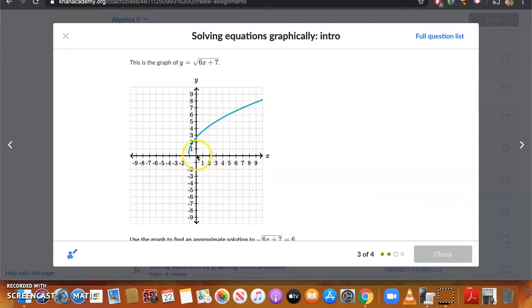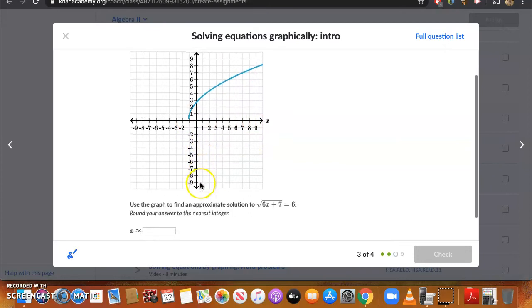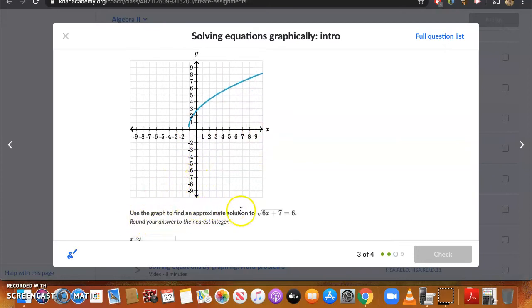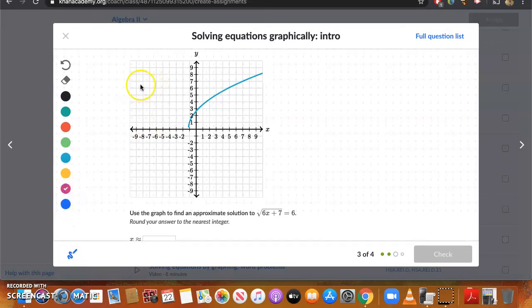Here we have the graph of the square root of 6x plus 7. All right, and that's a square root function. So let me see. Use the graph to find the approximate solution when this square root function is equal to 6. So again, do the same thing. We are going to draw a horizontal line through y equals 6. Okay, a dotted horizontal.